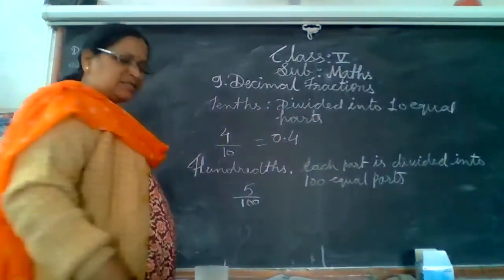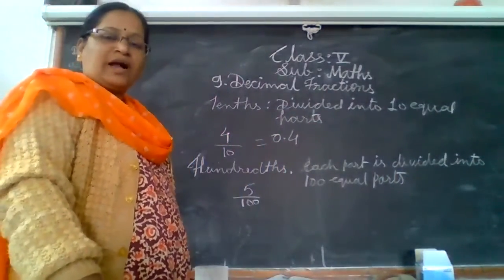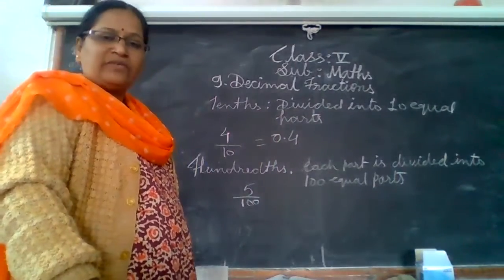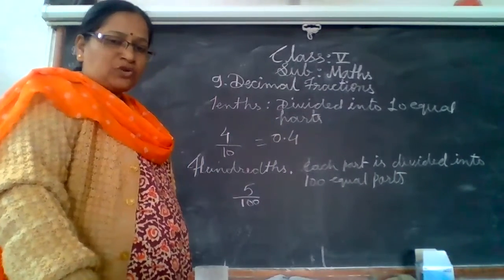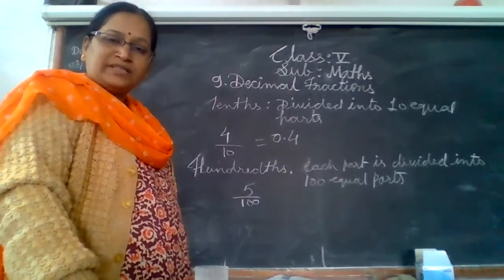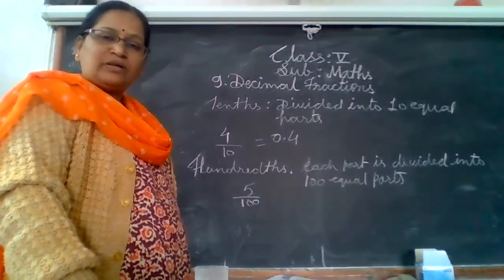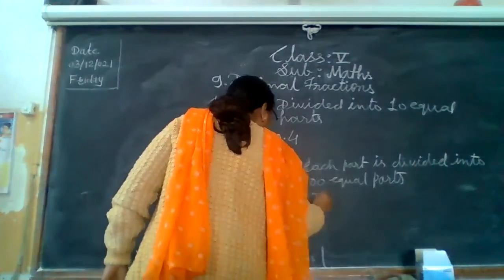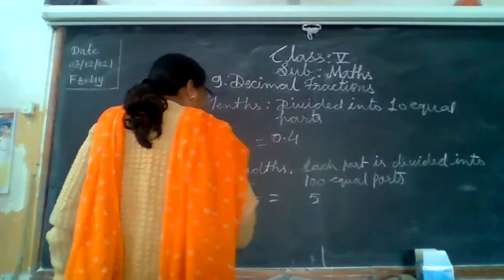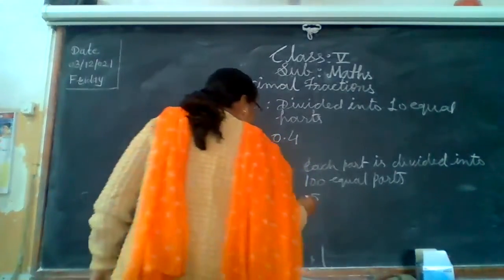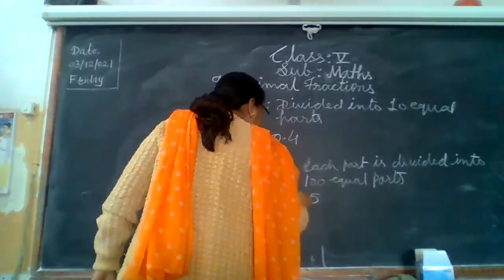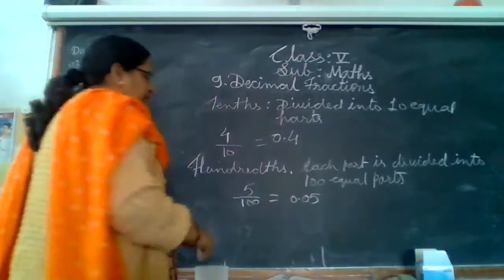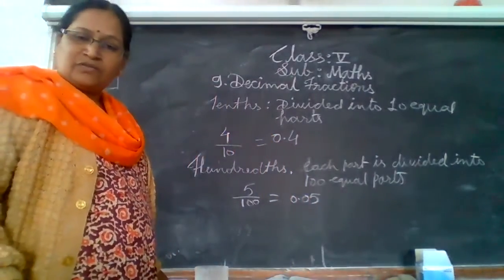How will you read this number? 5 hundredths. Here there is no place for the tens place, so we will put a 0. No place for tens, so put the decimal point. So it becomes 0.05.